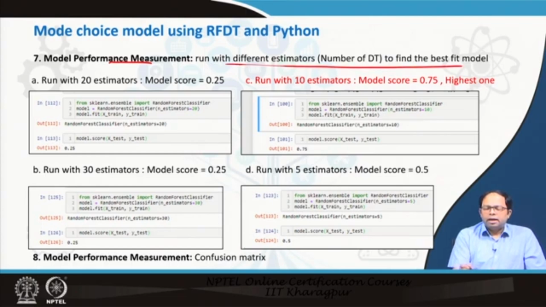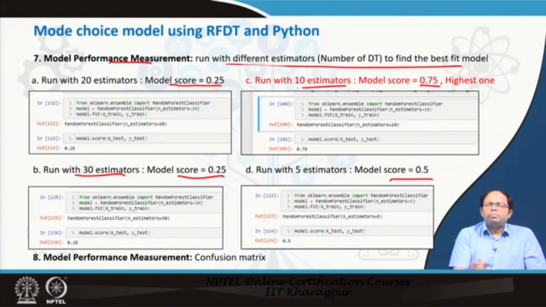We can run with different numbers of estimators. We can see that for 20 estimators the model score comes as 0.25. For 10 estimators, the model score is 0.75, which is much better than the earlier score of 0.6. For 30 estimators, we have a model score of 0.25, and for 5 estimators, a model score of 0.5.